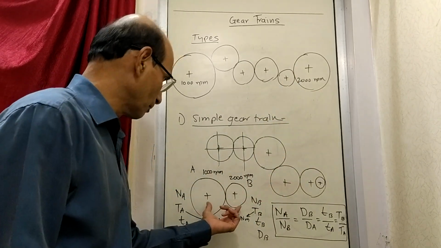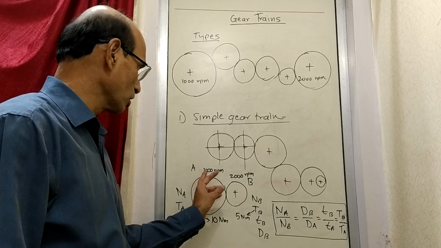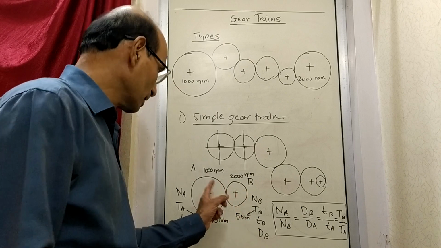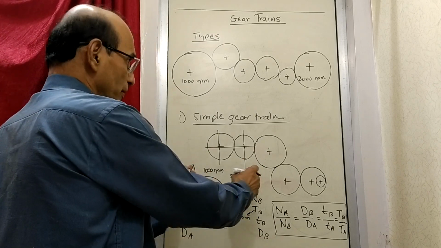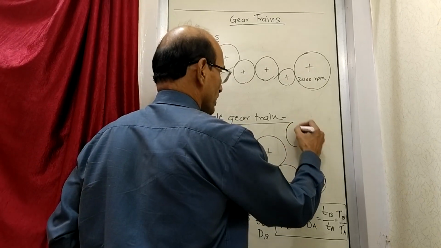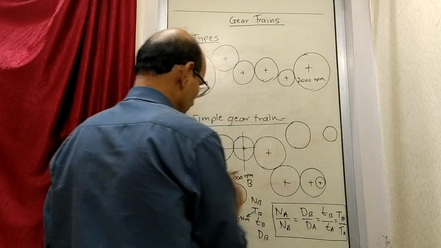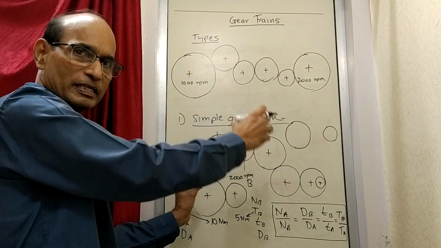First take this example itself. Here we know the speed was 1000 and it has become 2000 because the diameter is half. Now in the same example, I'll draw this figure again and separate these two gears. So gear A is here, gear B is now here. This gear A is the same gear A; I have drawn it small, but I am trying to represent the same gear.